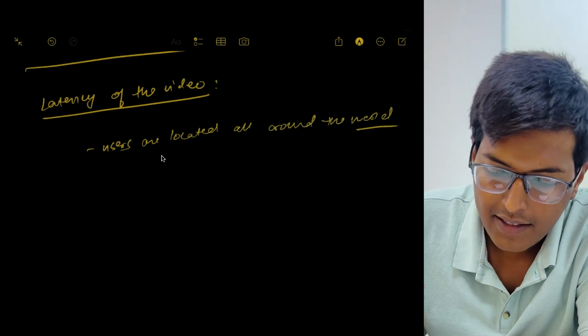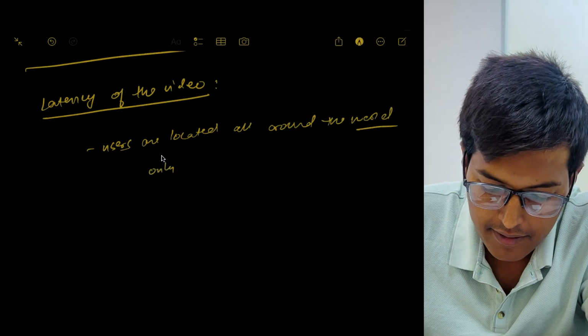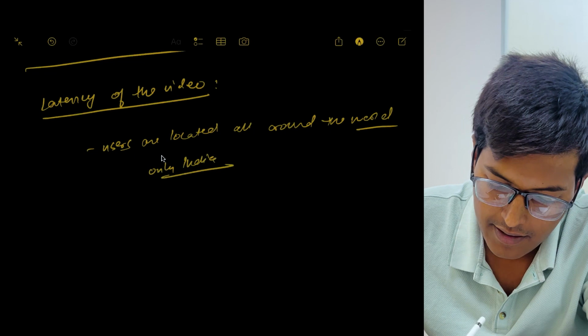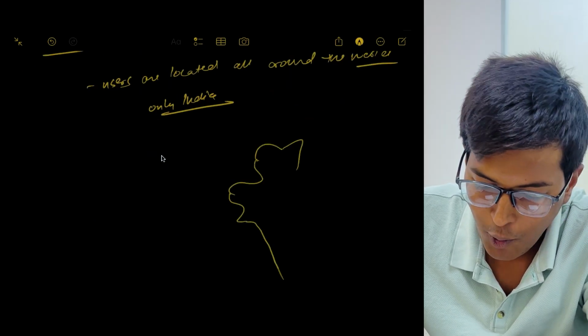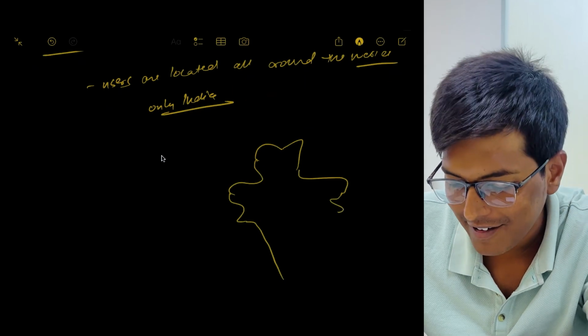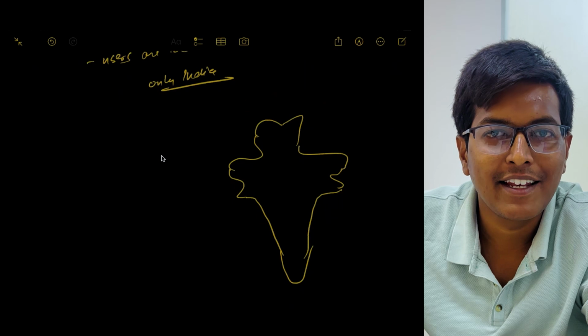Just to help you understand better, let me scope down to only India. Let's say this is India. I am not very good at drawing things, but let's say this is India.